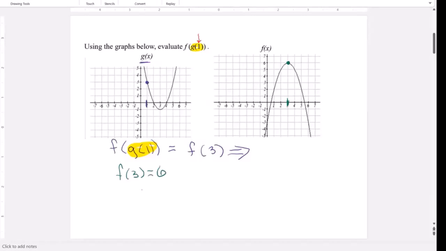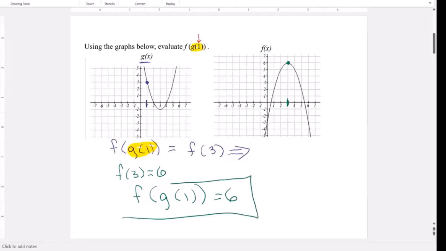Therefore, f of g of 1 is equal to 6. Notice I'm first putting it through my inside function, my g function. I'm taking that output, and then I'm putting it into my f of x function, and out comes 6. So I hope that's clear.